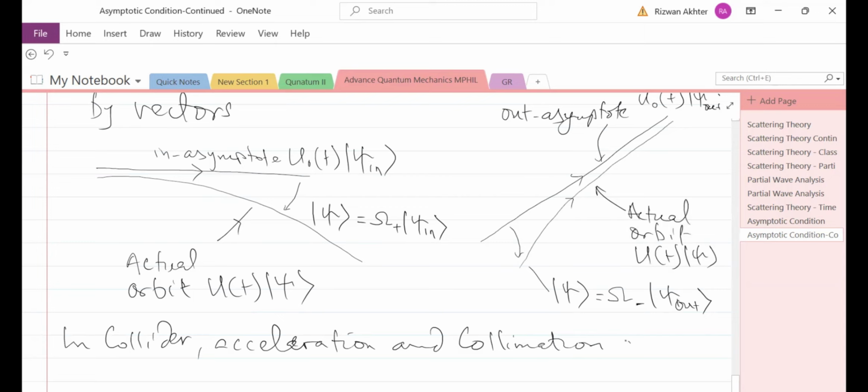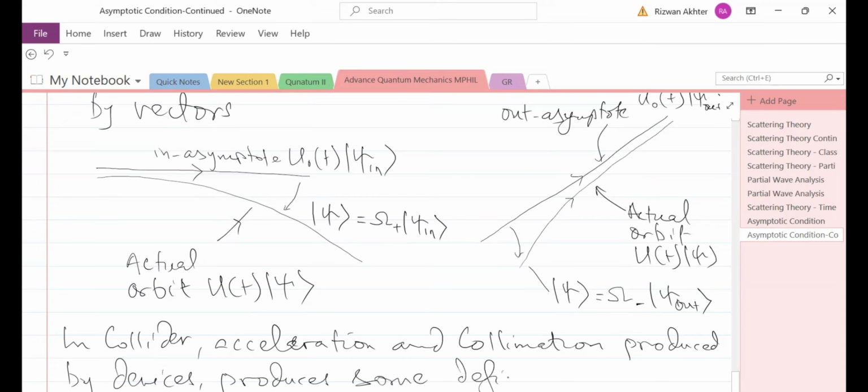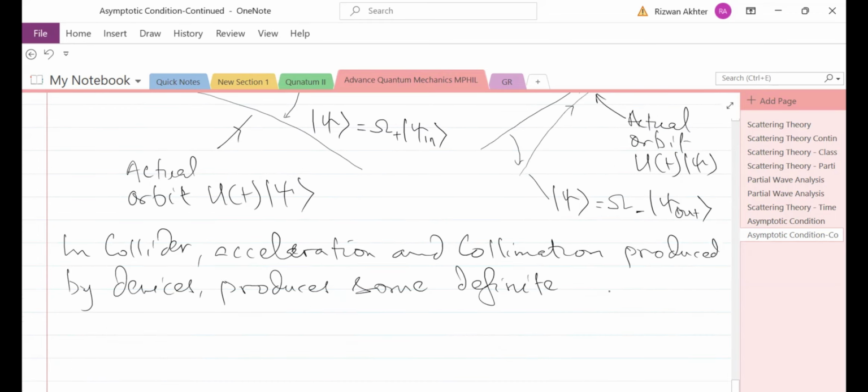Produced by devices, which produce some definite incoming wave packet.